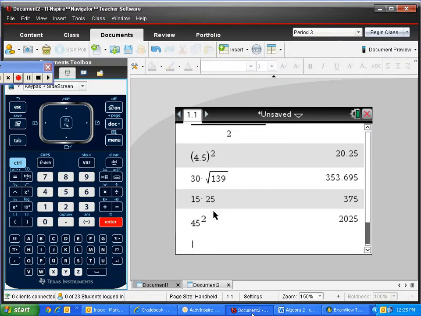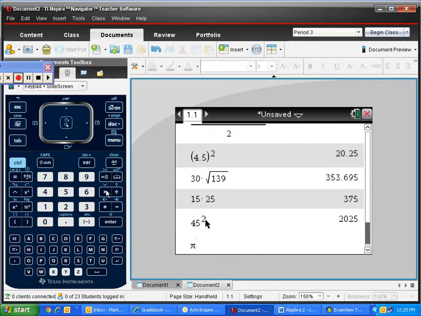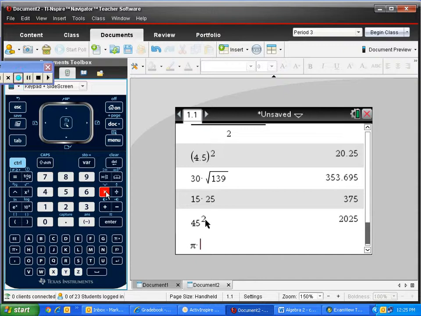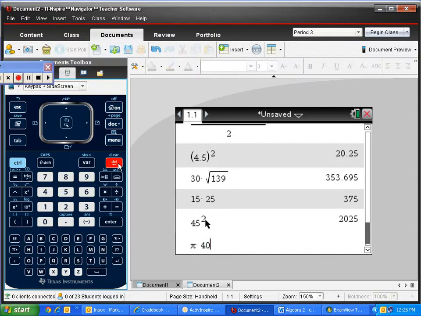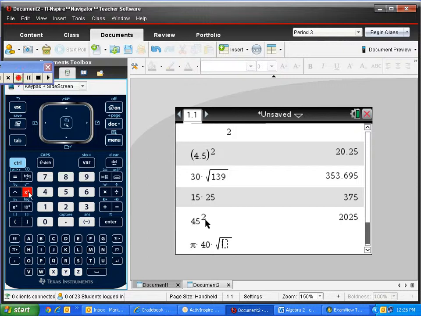There it is, pi times 40 times the square root of 3625.